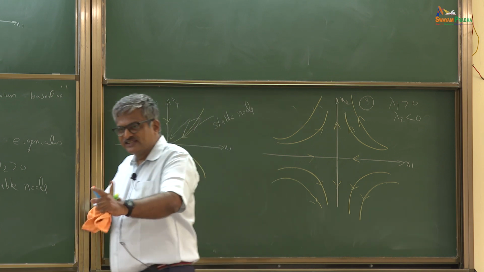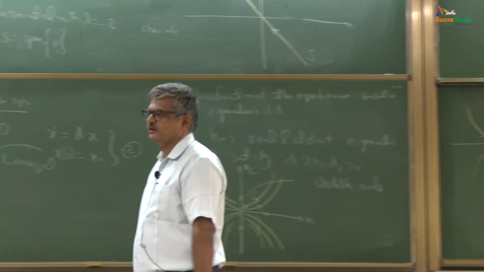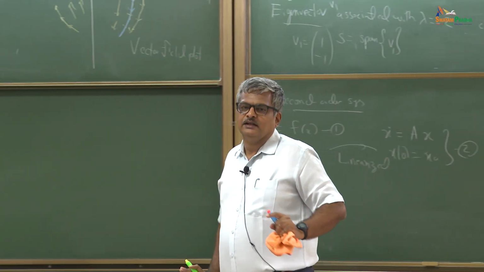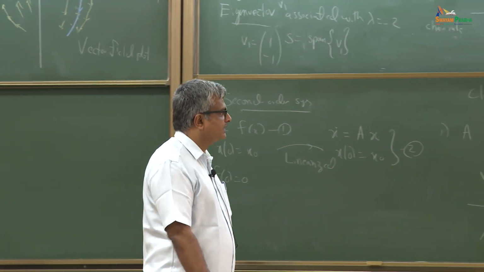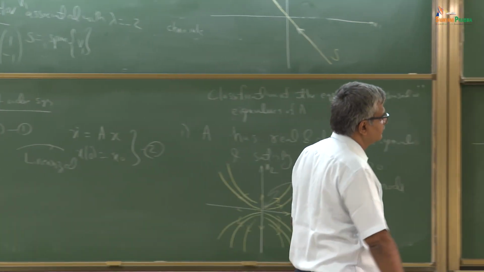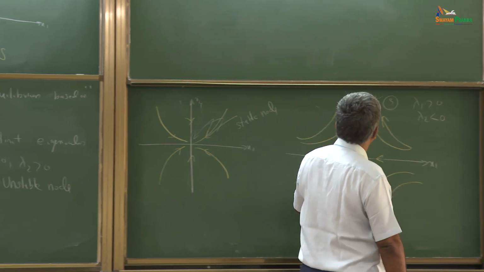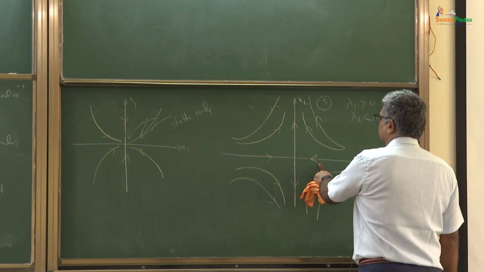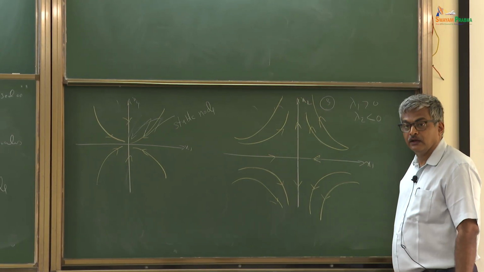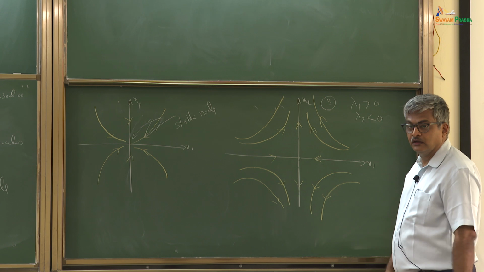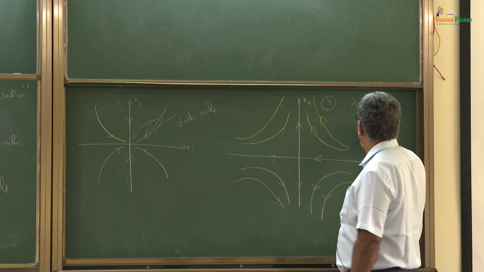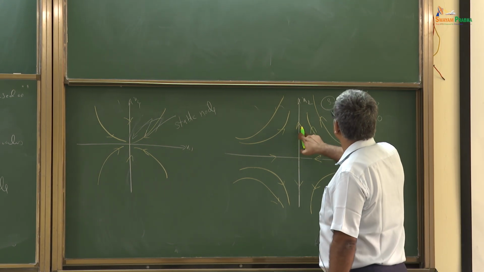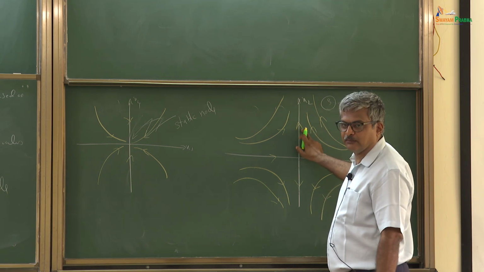So there is only one thin surface on which, if you start, your trajectories will reach the origin, which is exactly the eigenspace associated with lambda 2. This one is associated with lambda 1, positive, right?